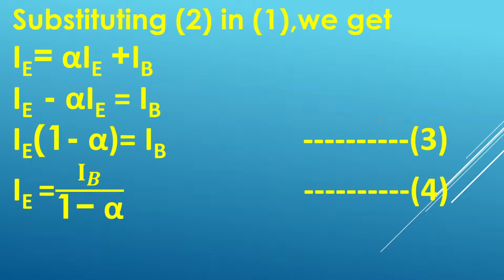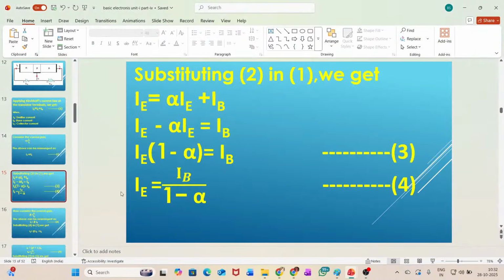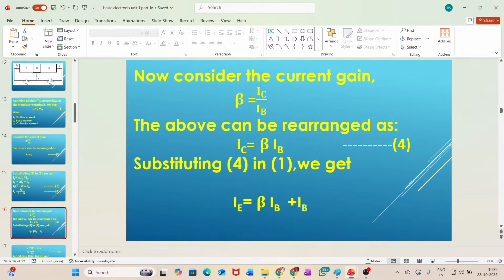Consider it as, I'm sorry, here some numbering. Here I have considered IE equal to IB by 1 minus alpha as equation number 4. And in the next slide, this is 5.